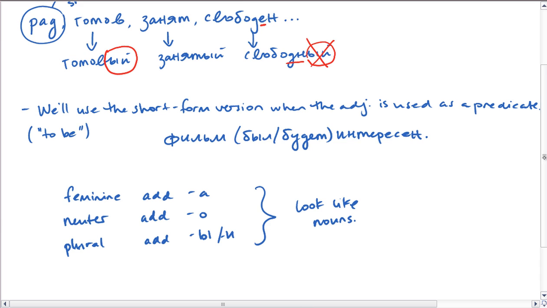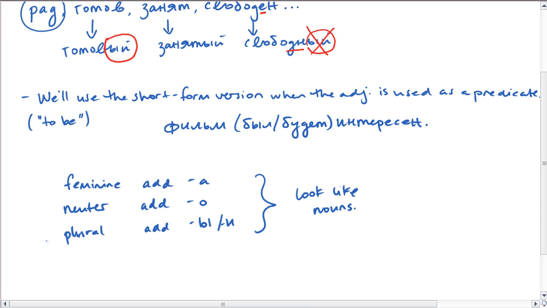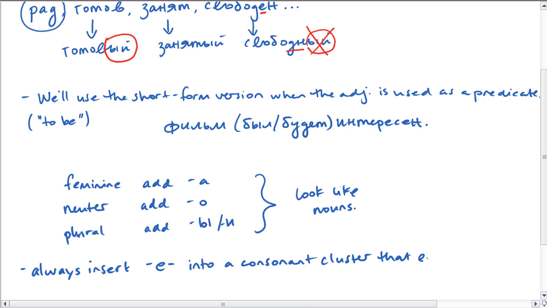And so you'll always insert е into a consonant cluster that ends in н.